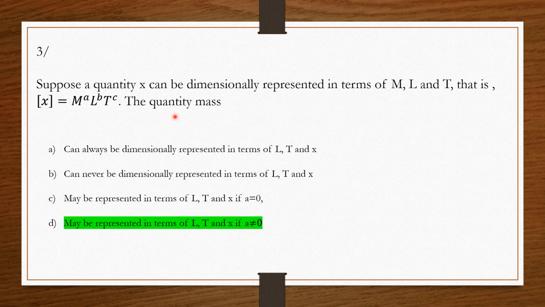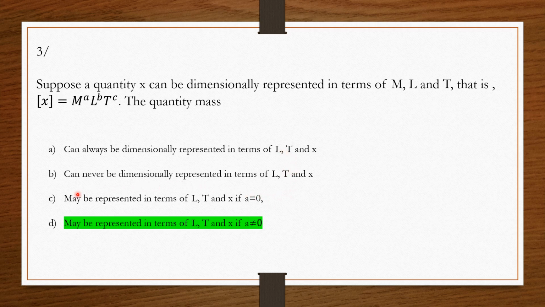The quantity mass can be written as... The options are: can always be dimensionally represented in terms of L, T and x; can never be dimensionally represented in terms of L, T and x; option C says may be represented in terms of L, T and x if a is equal to 0; and D says may be represented in terms of L, T and x if a is not equal to 0. So we can see these first two options cannot be right.